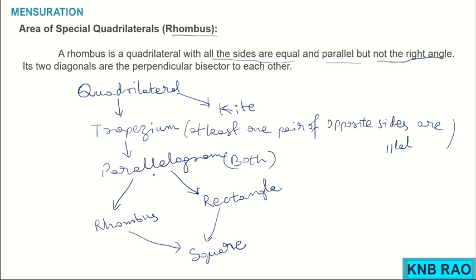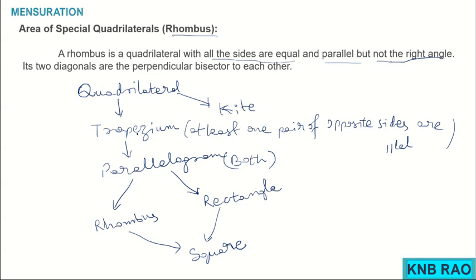Okay, which means every parallelogram is a trapezium, isn't it? Why? Because the property of at least one pair is getting satisfied. So, every parallelogram is a trapezium, but vice versa is not necessarily true.